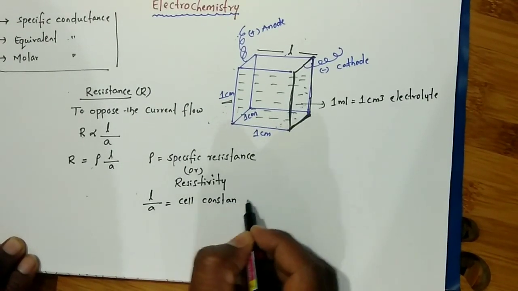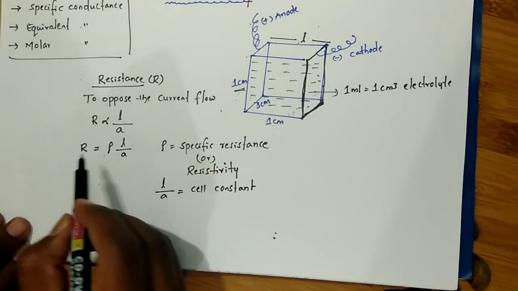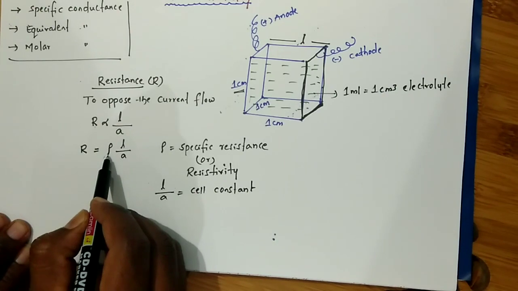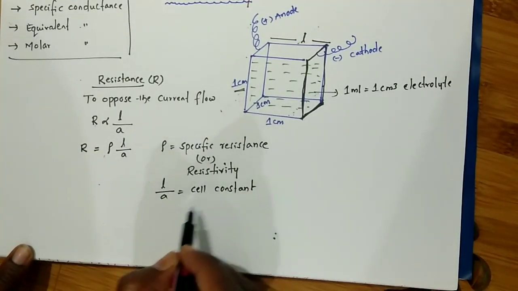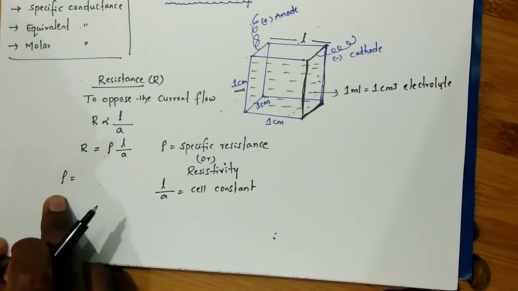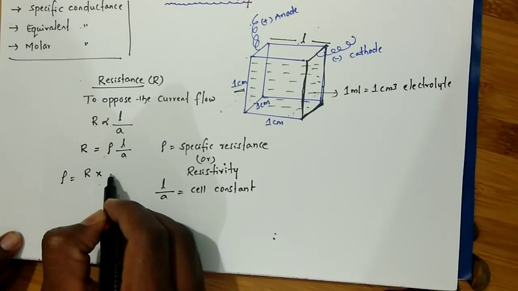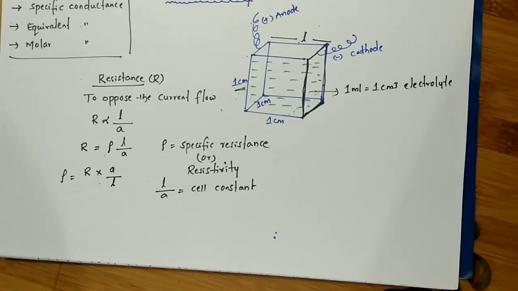Here R is equal to rho, which is nothing but specific resistance or resistivity, into the cell constant. So rho, the specific resistivity, is equal to resistance into A by L.